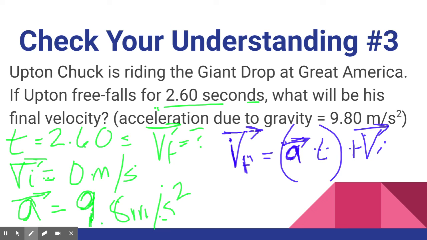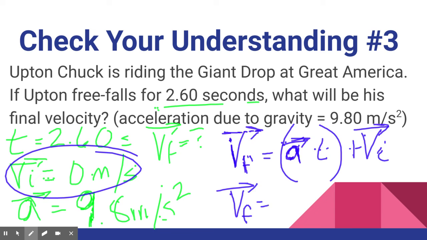What's great though is that we really don't care about the initial velocity in this scenario because it's 0, so we can just ignore it. It's really just acceleration times time. So final velocity is equal to 9.8 multiplied by 2.60.